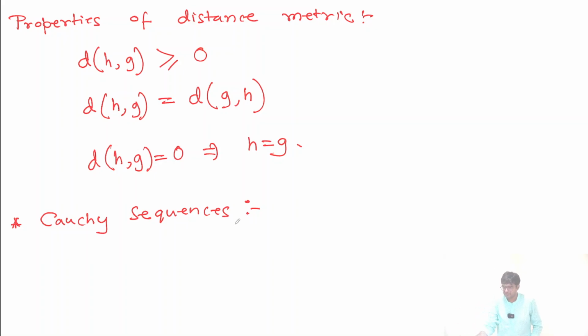What does it mean? Suppose I have f1, f2, f3, f4, fn minus 1, fn. The distance between fn and fn plus 1 will be much smaller than the distance between the first two. So as you proceed with the sequence, the distance between two consecutive members, or in this case functions, keeps on reducing. If you observe this property, that is known as a Cauchy sequence.